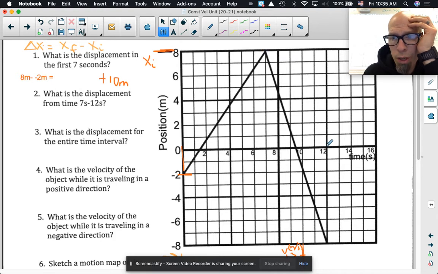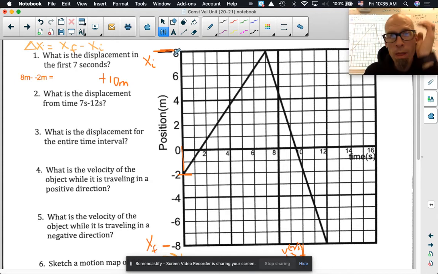Well, where were we at 12 seconds? All the way down here, and then we look over here. That's our final. So now we went from a positive 8 meters all the way down to a negative 8 meters in those 5 seconds.